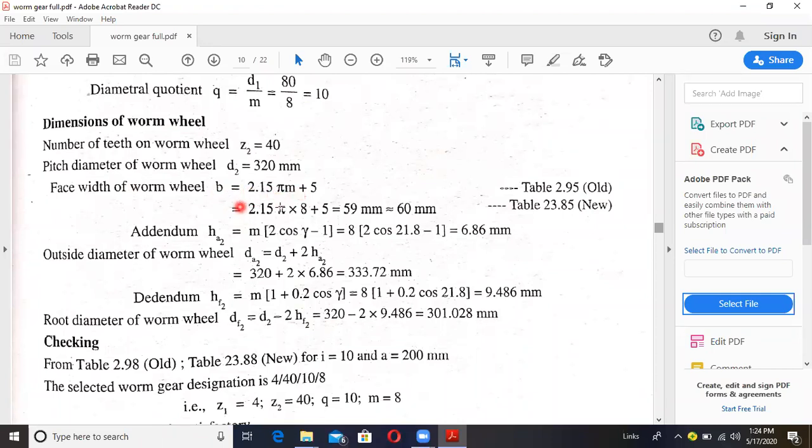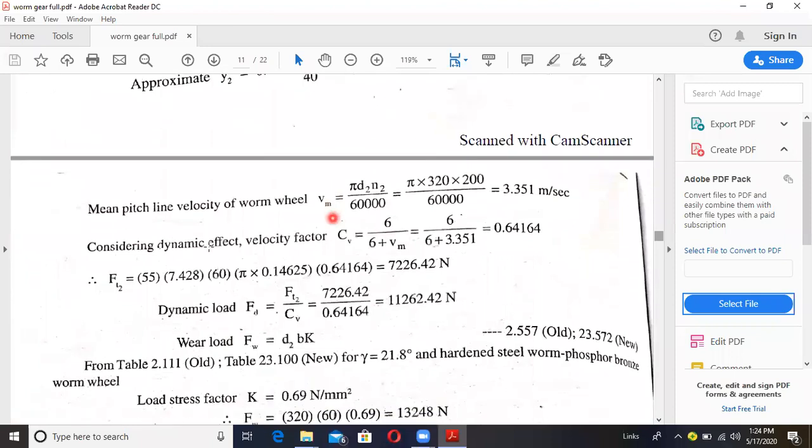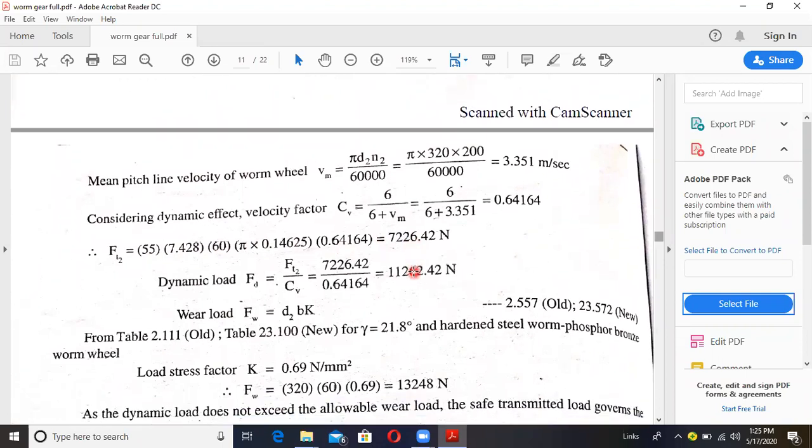So we will get here B is equal to 60. Whatever the value we get for B, that we are substituting in the next step. So therefore substituting sigma naught 2, Mn, B, capital Y, CV, we will get FT2, that is nothing but tangential load by Lewis equation.